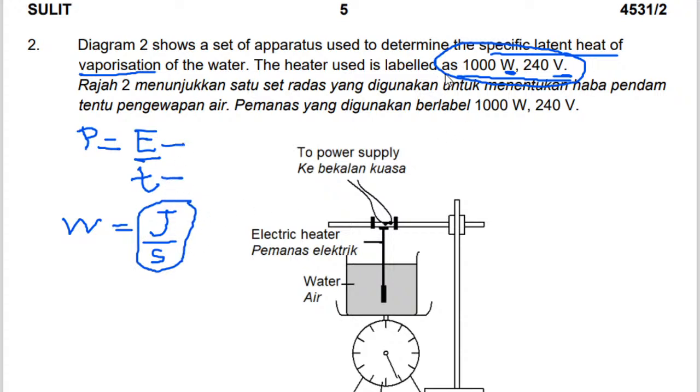So the meaning of this label will be, when the heater, so you use the instrument that is given, is connected to 240 volt power supply, it will consume 1000 joule of, you need to tell what type of energy, of electrical energy in 1 second.